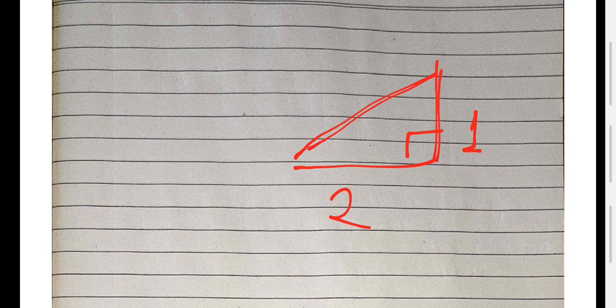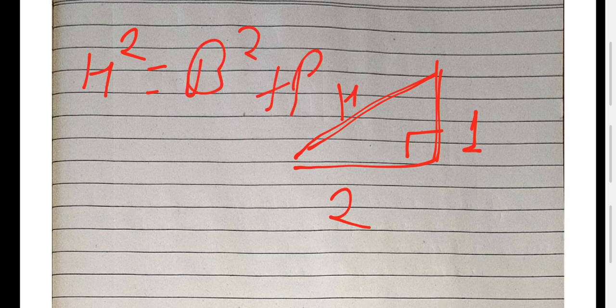Now the same condition comes in a right angle triangle. If you compare that equation with a right angle triangle, suppose you take base 2 and perpendicular 1. So what will you get? Hypotenuse square is equal to base square plus perpendicular square.